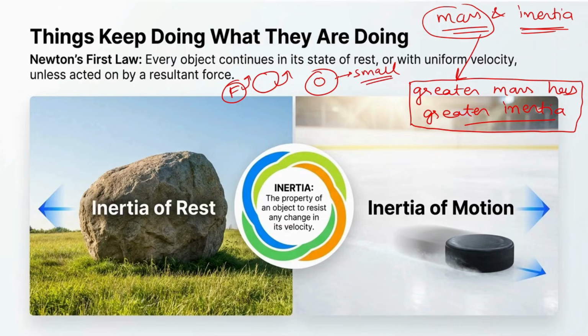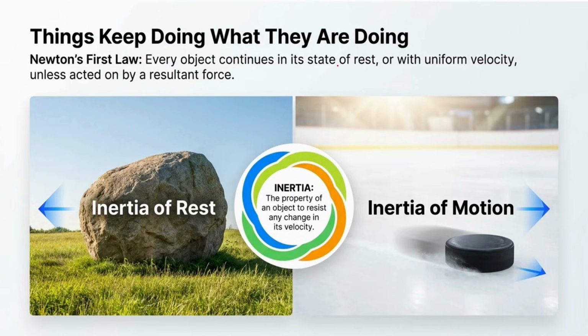Okay, let's suppose you have a bicycle and a truck. If you push the bicycle, it is easily moved by one person. But if you have to push a truck, you cannot easily push it.